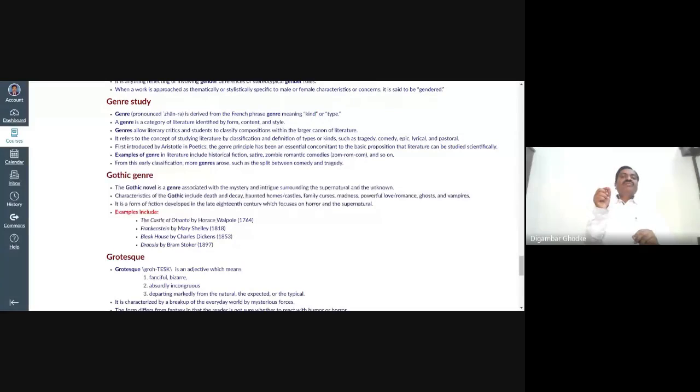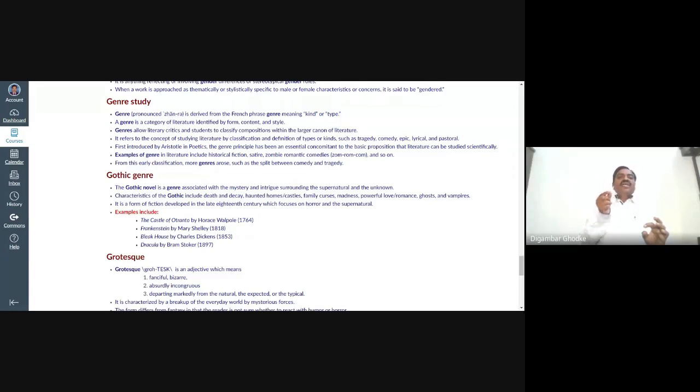It's derived from the French word genre, which means kind, not the adjective kind. Kind means type. Don't take it as a kind person, etc. Genre refers to what we call a type, a kind of animal, we say. So in that way, a kind of book.